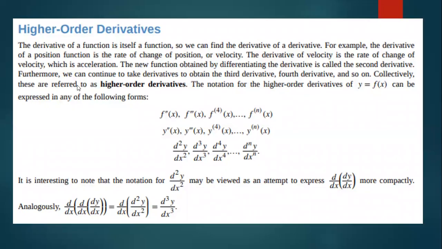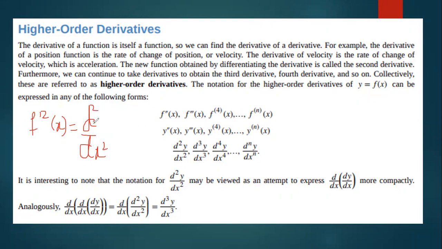Okay, now higher order derivatives. So what are higher order derivatives? If we take the second derivative of f of x, it will be written as d squared y upon dx squared.